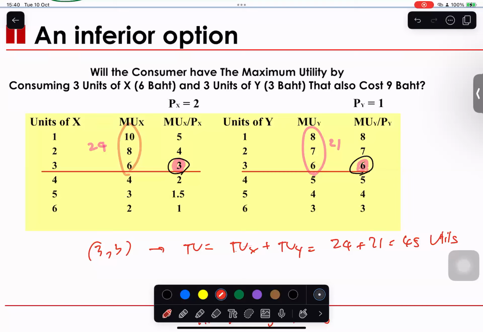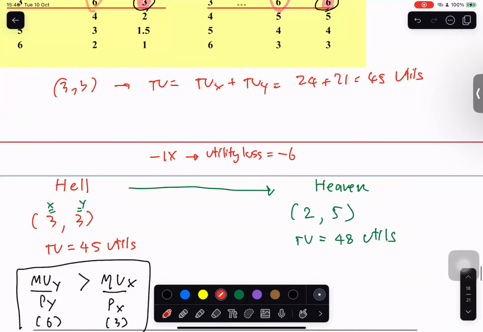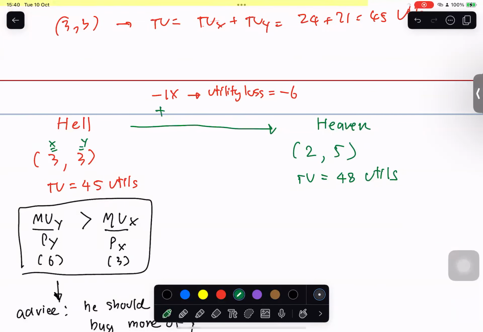Unit number 4, unit number 5 together, 5 plus 4, 9. When he buys 2 units more of good Y, utility gain is plus 9.